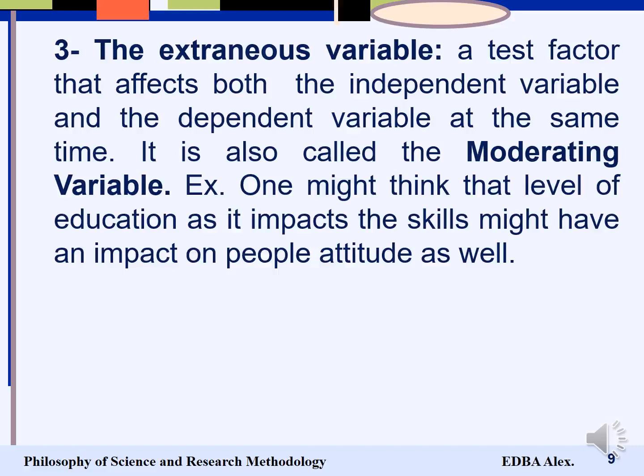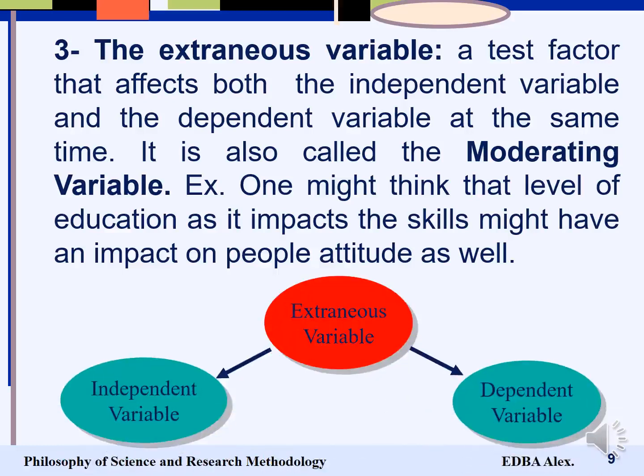Those who have high levels of skills have a better attitude, have a positive attitude. But actually there is no direct relationship between skills and attitudes. The relationship is due to the moderating variable here, which is the educational level. Look at the position of the extraneous or moderating variable.